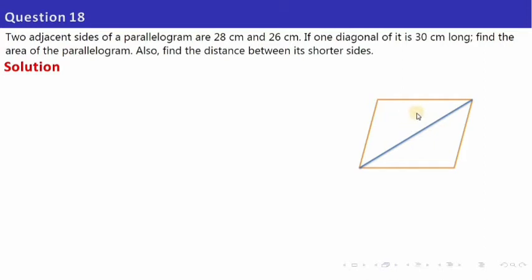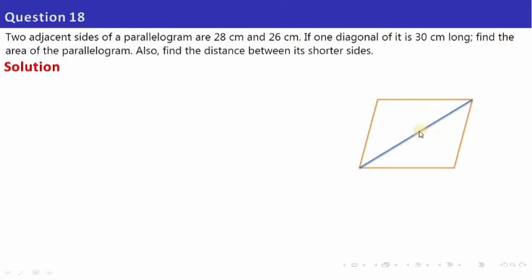In fact, both the triangles are congruent, because this is 26, this is also 26, this is 28, this is also 28, and this side is common. So using the SSS criterion, I can say that these two triangles are congruent. So it's enough if you find the area of one triangle, the area of the other triangle will also be the same.